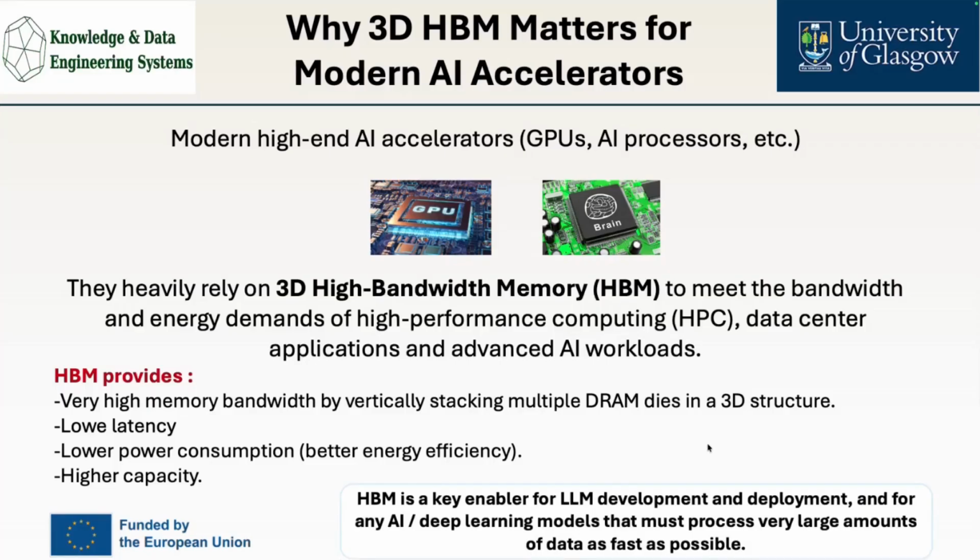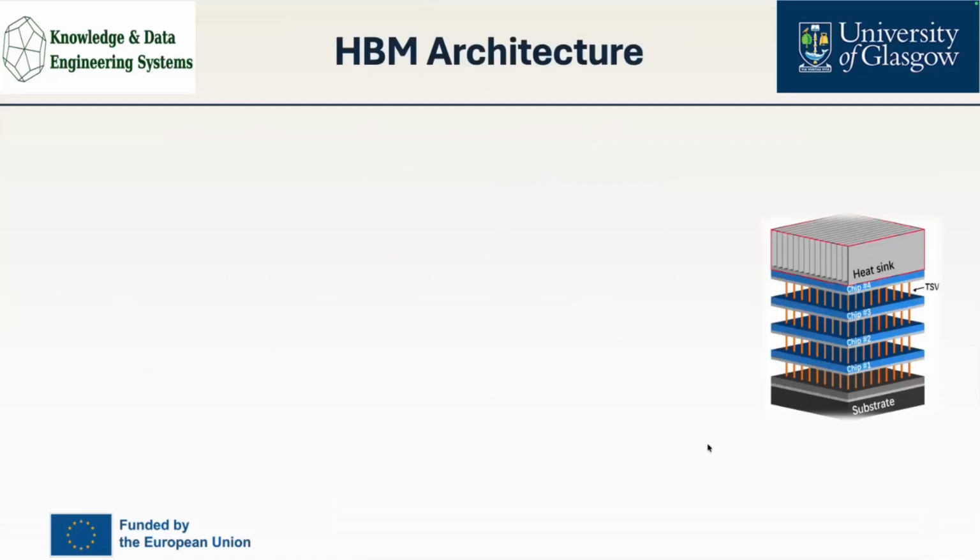So in general, we can say high bandwidth memory is a key technology that enables advanced models like large language model deployment and development. It's also important for any AI or deep learning model that must process very large amounts of data as fast as possible.